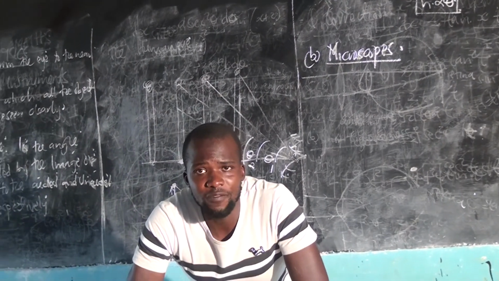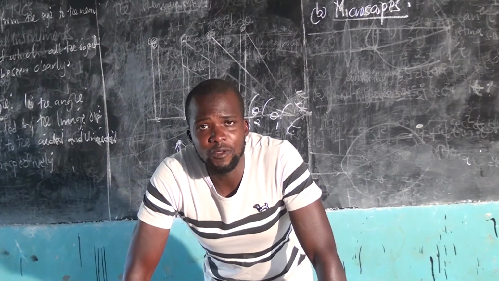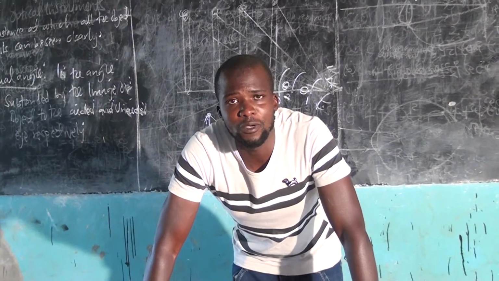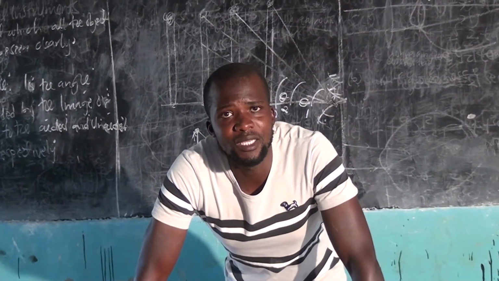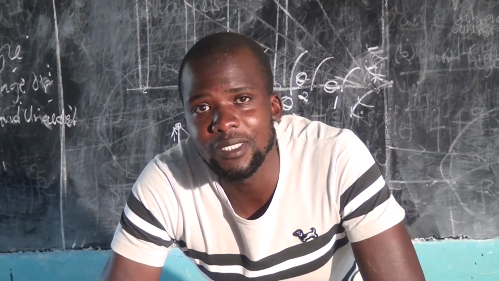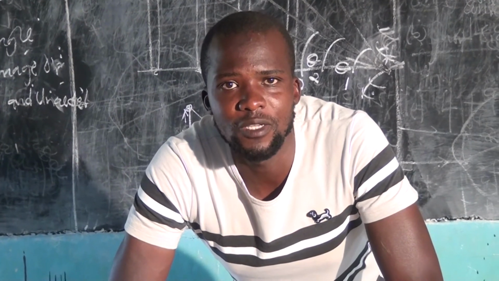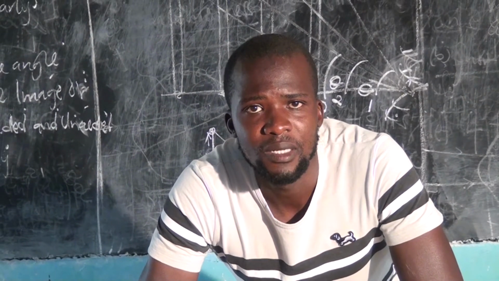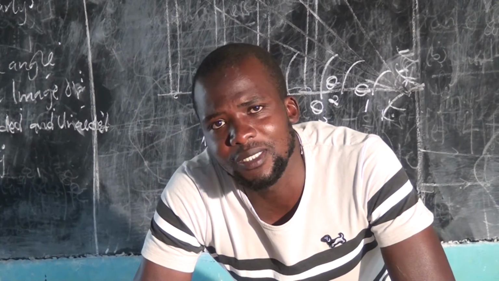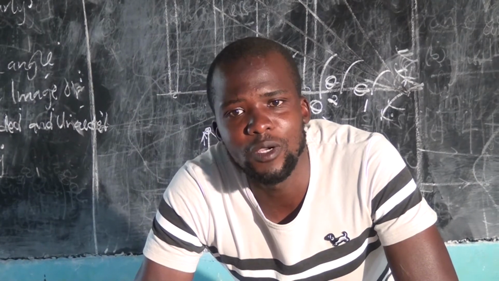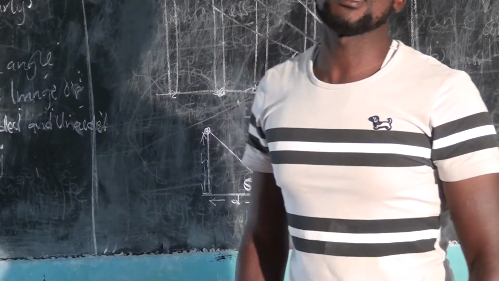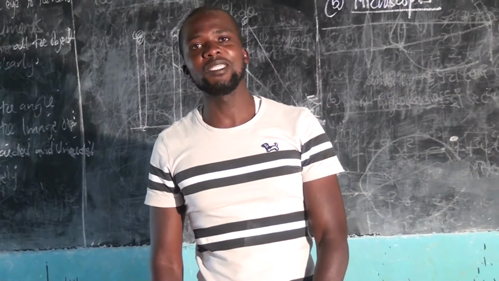Whenever you use a microscope to view blood cells, you are using it in the right way, in normal use. That is normal adjustment of the instrument. But whenever you use a microscope to view distant objects, you are not using it in its normal use. So there we say that the microscope is not in normal adjustment.